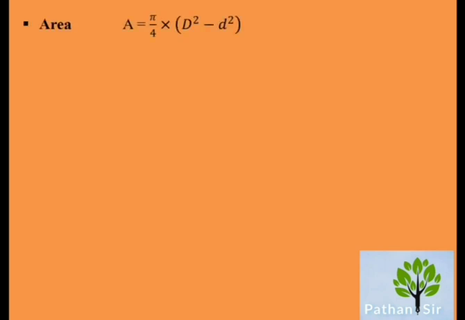So step number 1, we will find area. For hollow circular section, area is equal to pi by 4 into capital D square minus small d square. Put the values: pi by 4 into 300 square minus 260 square. So area comes to be 17592.92 mm square. Never write area in 10 raised to power.